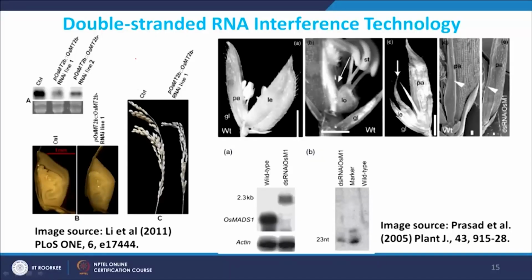There are plenty of examples where RNA interference has been used to down regulate genes. Some of them I will show here. If you look here, two of the genes have been down regulated by an RNA interference based approach.